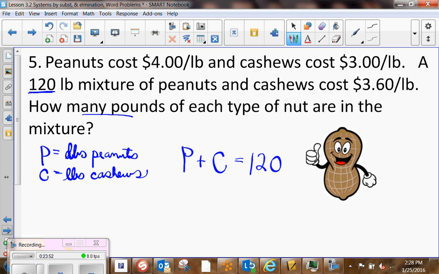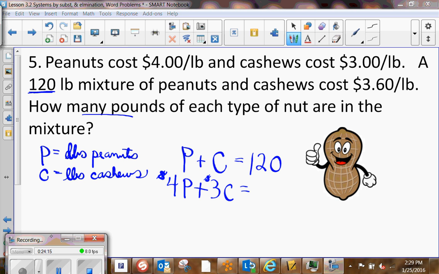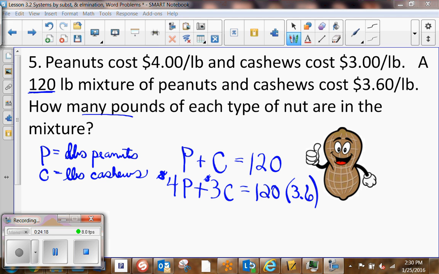Okay, so the peanuts will be $4 each, right? $4 there. $3 equals. Be careful. $3.60 per pound. So 132. So yes, $4 per pound peanuts plus $3 per pound cashews, 120 total poundage, $3.60.